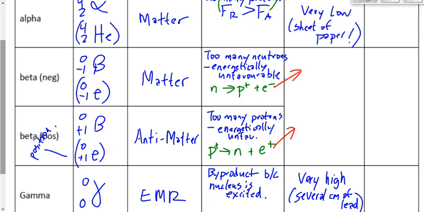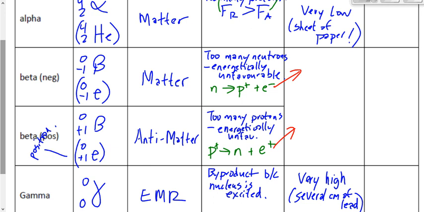That's why cancer treatment rooms use gamma radiation, and cancer treatment rooms have very thick concrete walls to protect people outside those rooms from gamma rays. Okay?